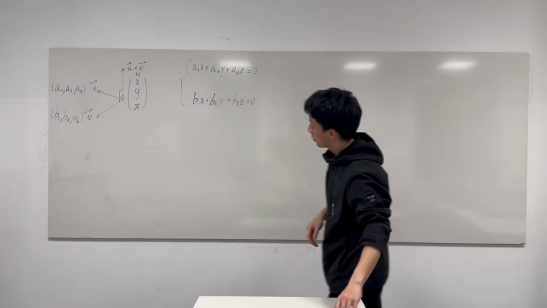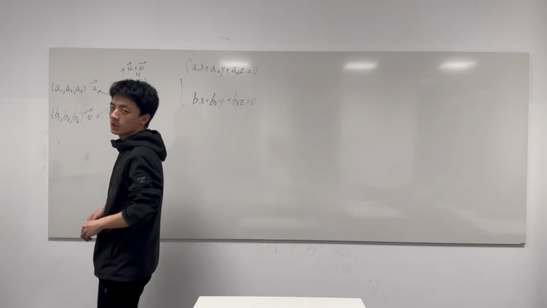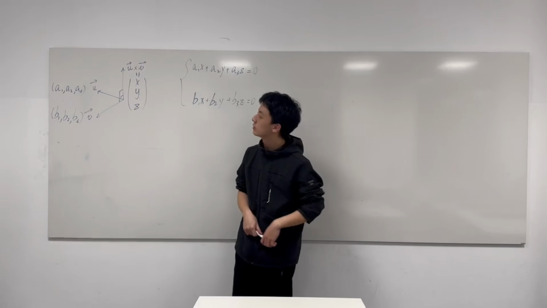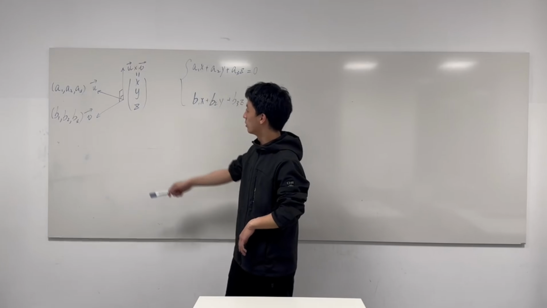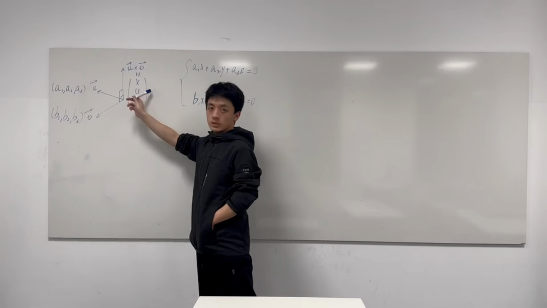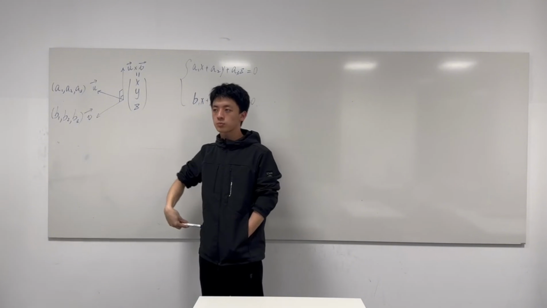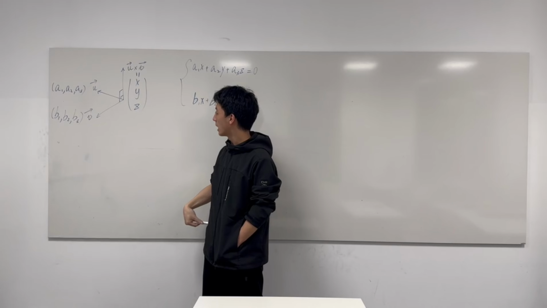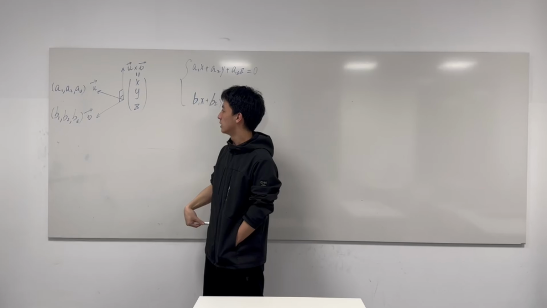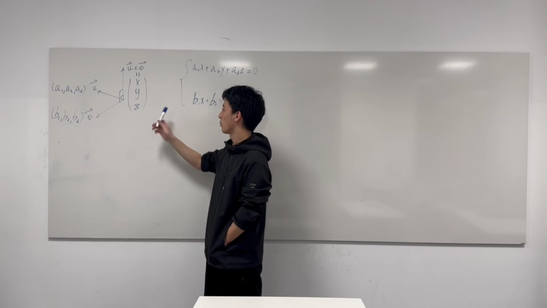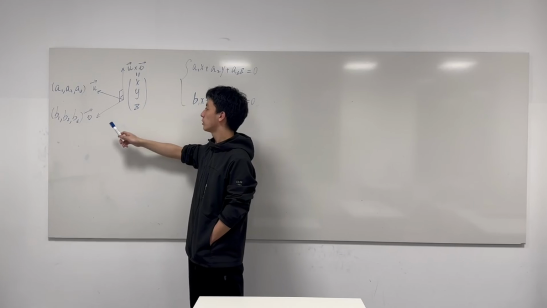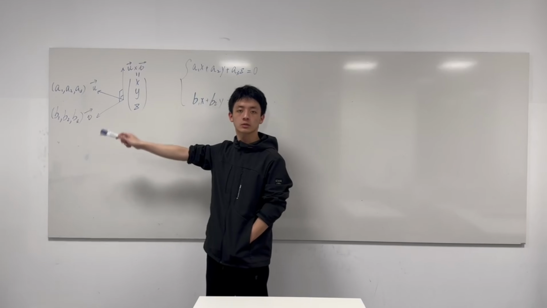Okay guys, I'm going to introduce a second way using the definition of cross product. The cross product of U and V, the result, is a vector. This vector is perpendicular to both vectors.